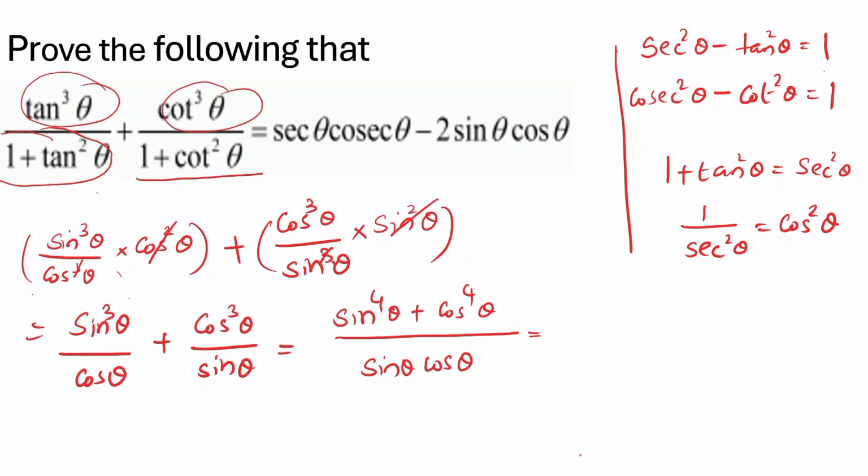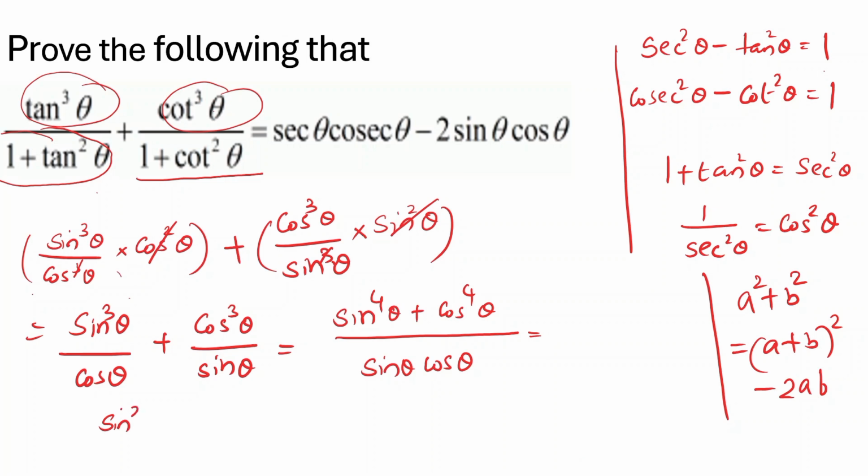Okay, so here you can use a square plus b square equals (a plus b) the whole square minus 2ab, because (a plus b) the whole square is a square plus b square plus 2ab, right? That 2ab, if you subtract, we will get a square plus b square. So instead of a square, we can use sin raised to 4 theta, instead of b square, we can use cos raised to 4 theta. So a will be sin square theta and b will be cos square theta.